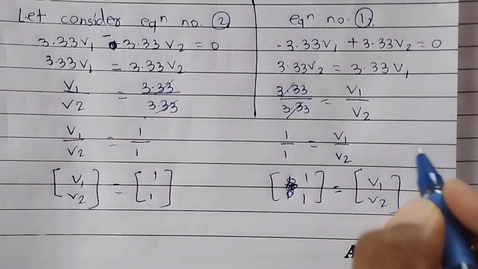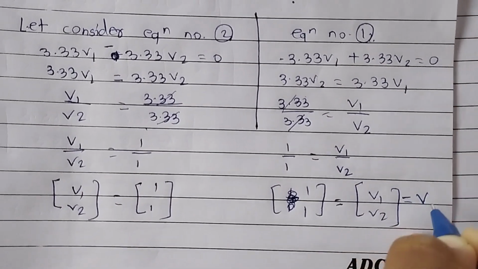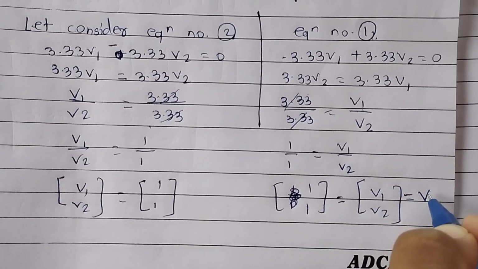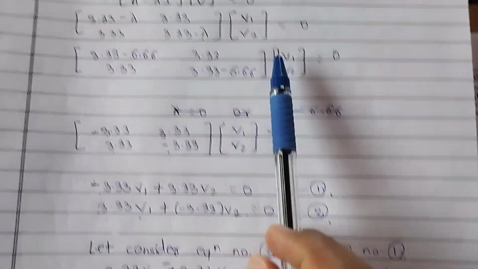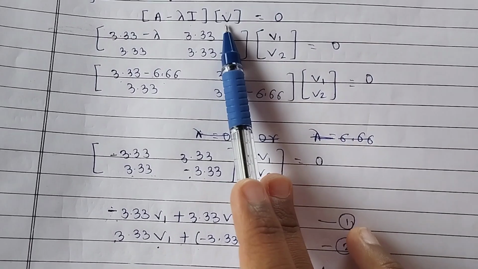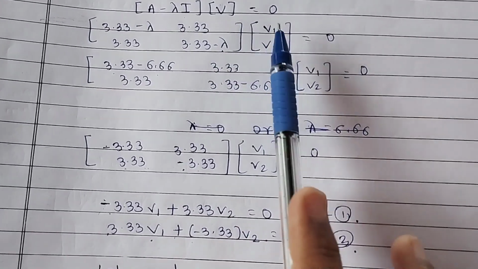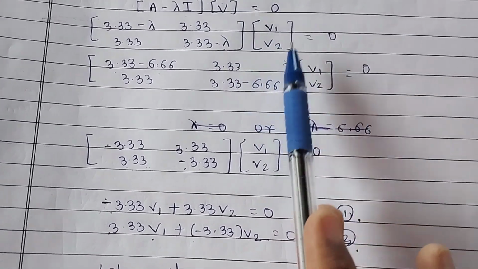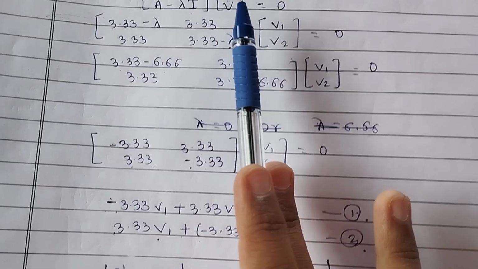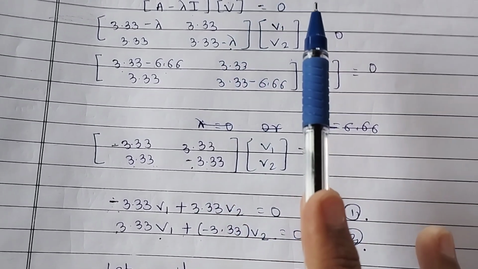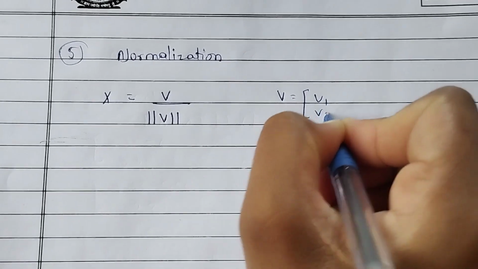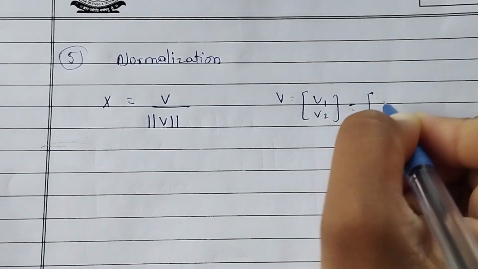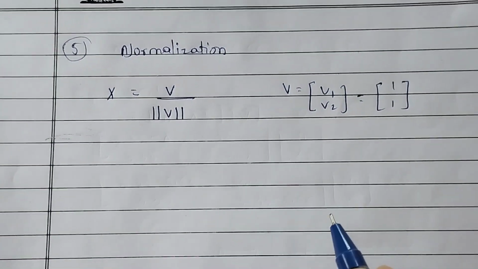This vector. This is nothing but the v vector, because this is the eigenvector which we consider here. See, here we put v, then v1 v2, and now we find the values of v1 v2. So again this is nothing but our values of v. So here v is nothing but v1 v2 and the values are 1 1.